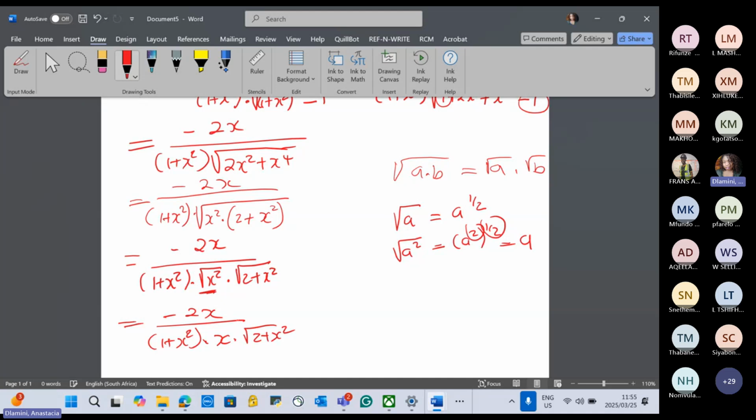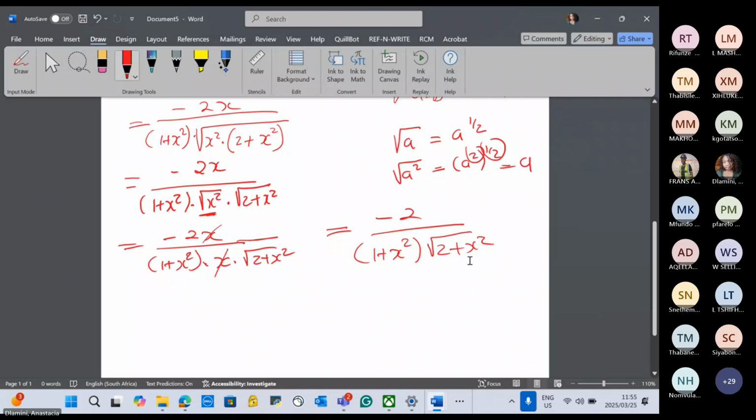So now this x and this x, they divide each other, they form a 1, they do not cancel. So this is equal to minus 2 over 1 plus x squared, square root of 2 plus x squared. Therefore, dy over dx is equal to minus 2.